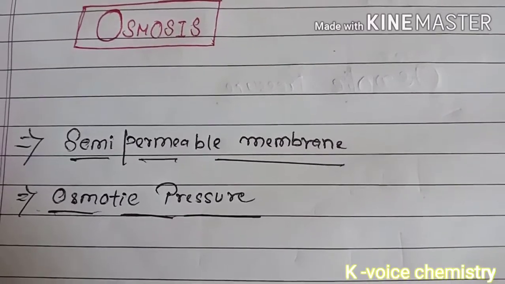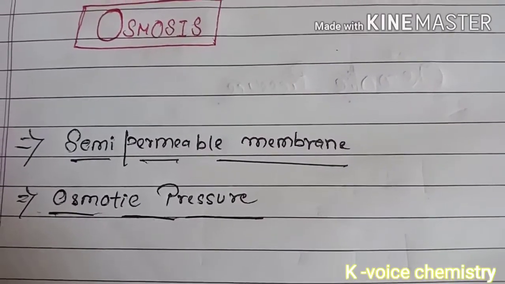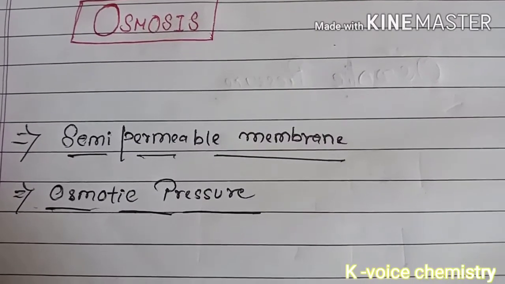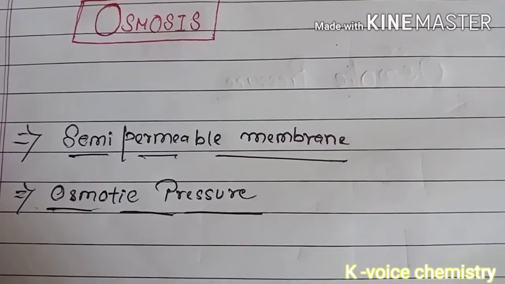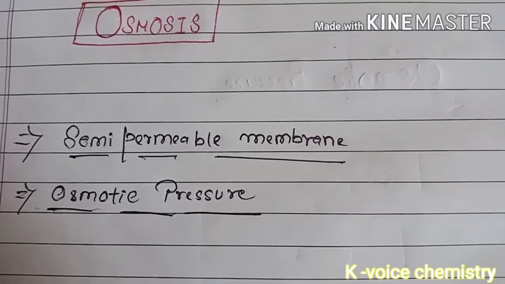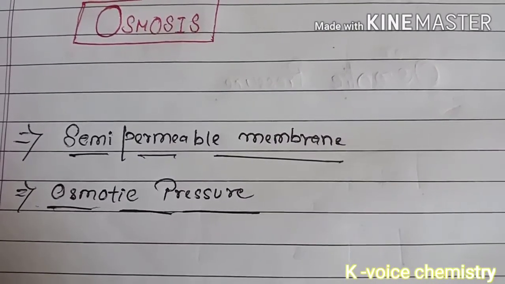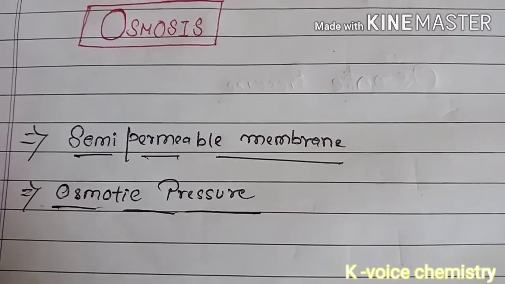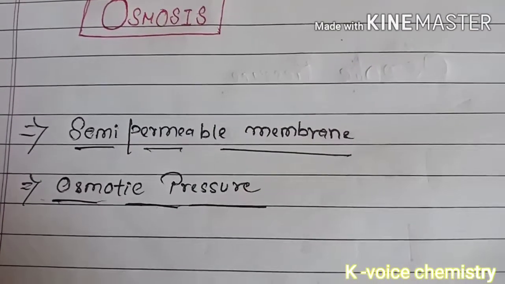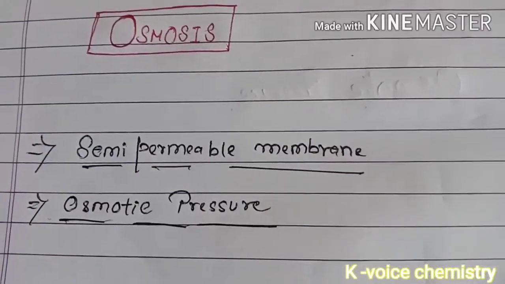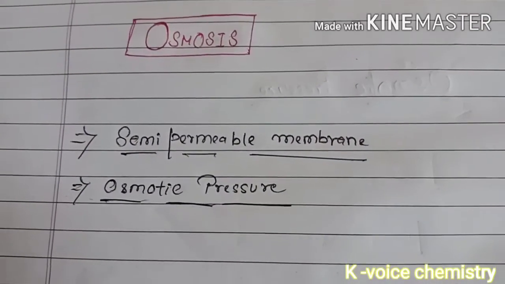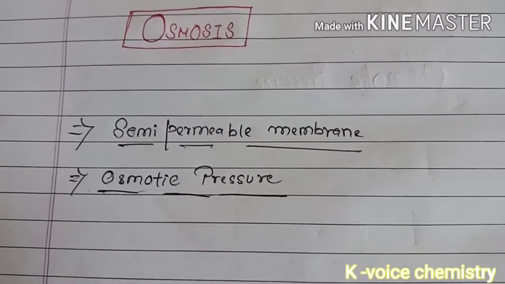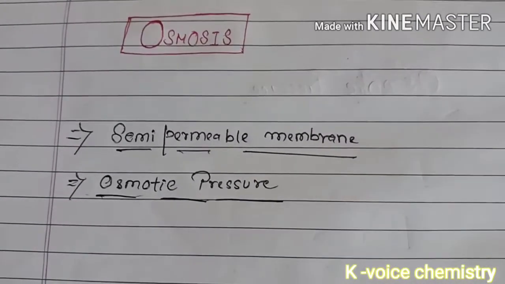Briefly, the osmotic pressure is a kind of pressure that is exerted upon the solution, and what it does is it prevents the further flow of the pure solvent towards the solution. It will be much clearer when I show you the diagram. So let us see the diagram.